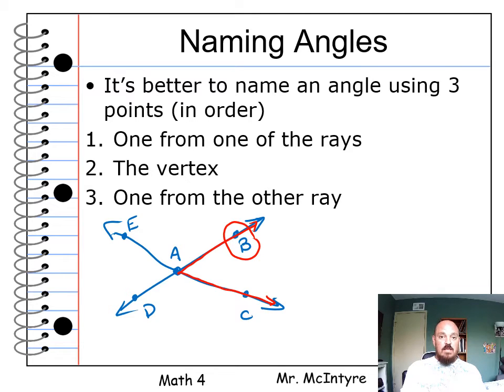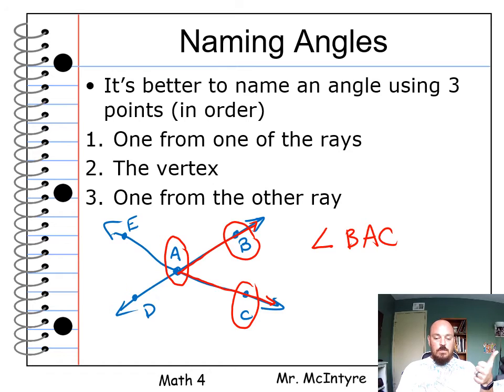That's on one of the rays. We have the vertex, A. And then we have point C over here. So I could call that, now I'm going to show you a new symbol too. This symbol right here means angle. It means literally just an angle. And I'm going to call this angle BAC.